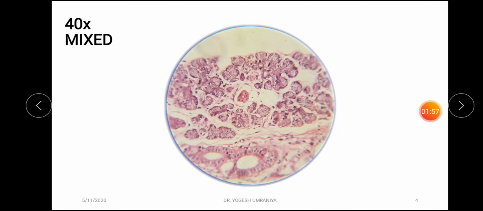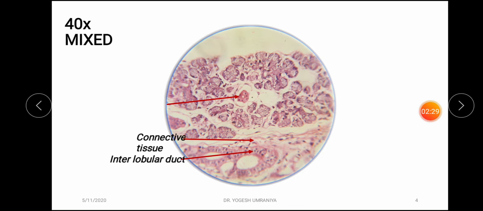Now this is the image under the 40x of the mixed gland type. First, look at this area that is showing you the connective tissue region. Within this connective tissue you have this duct, the interlobular duct, having a stratified cuboidal or stratified columnar nature.